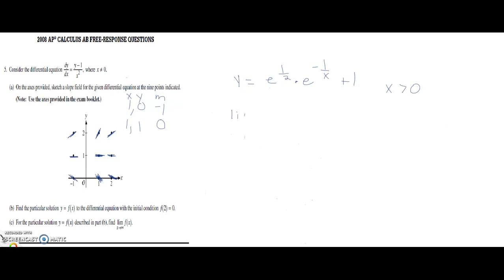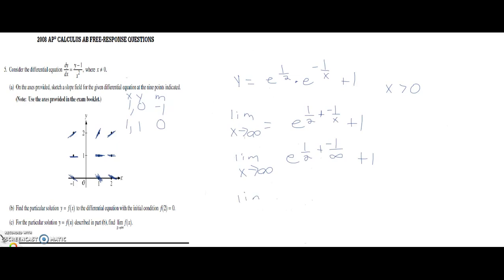So now we're going to write the limit as x approaches infinity. I could write this as e to the 1/2 times e to the negative 1 over x, plus 1. So now I could plug in infinity: e to the 1/2 times e to the negative 1 over infinity, plus 1.